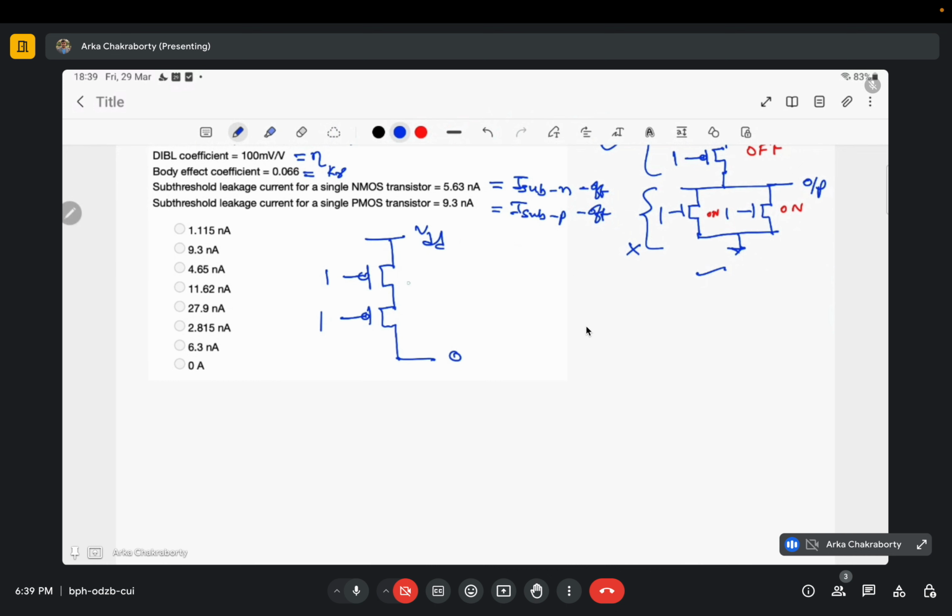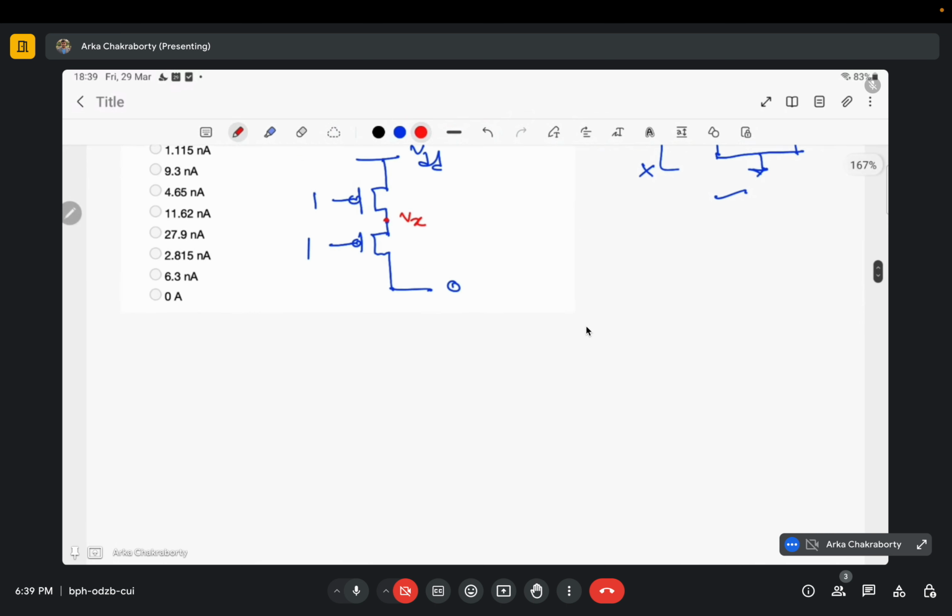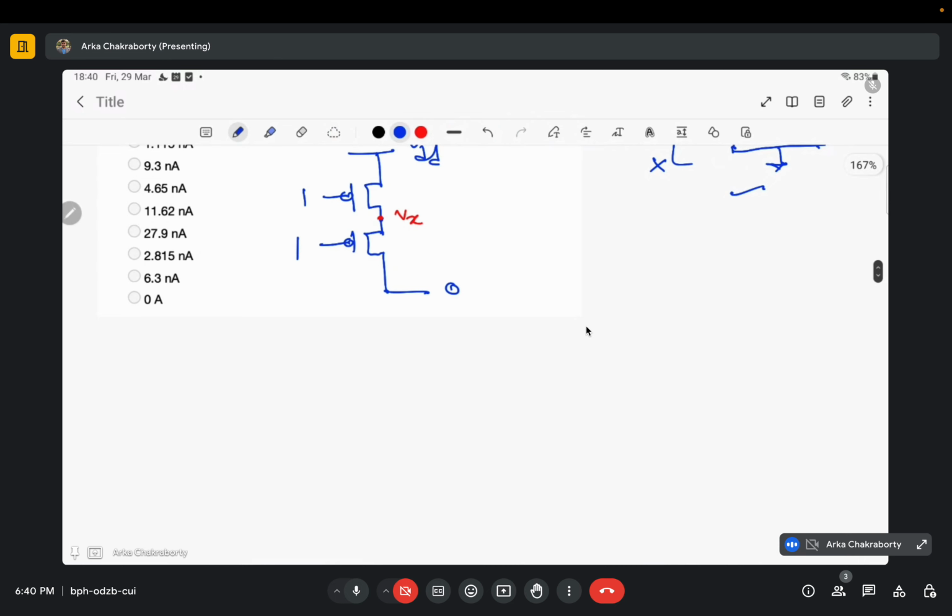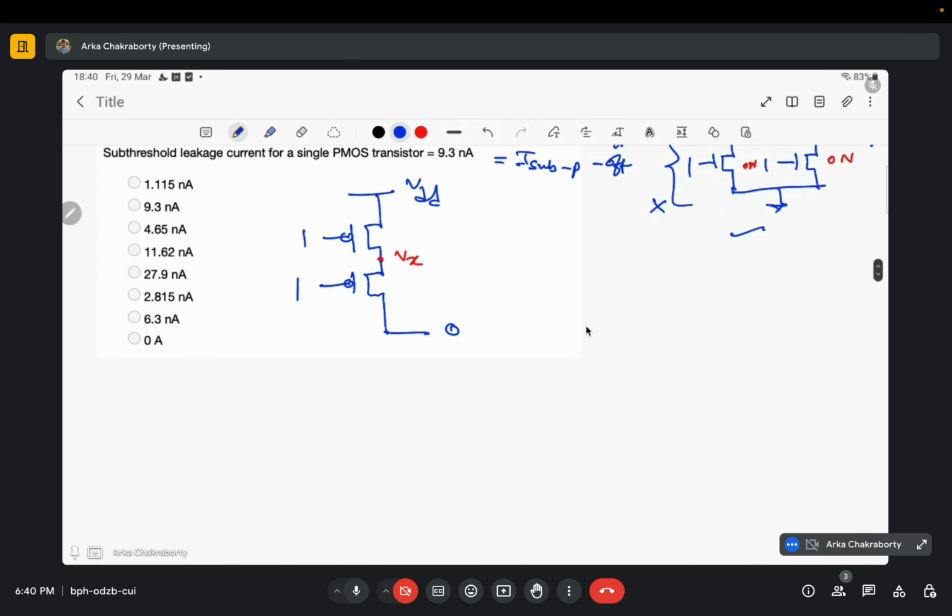And what would be the voltages? As this transistor is off, VDD will not pass, and there will be only some small voltage at this terminal due to the subthreshold current. Let me call it Vx. Let me call the transistors transistor 1 and transistor 2.